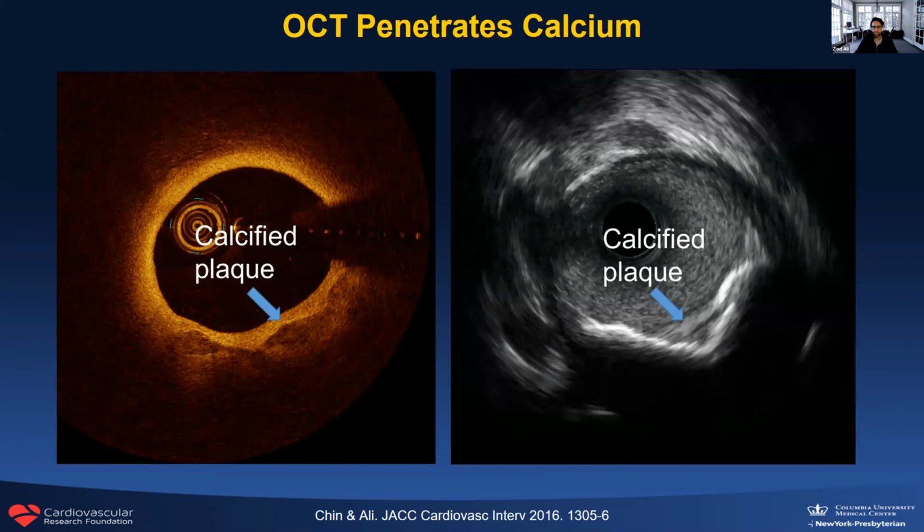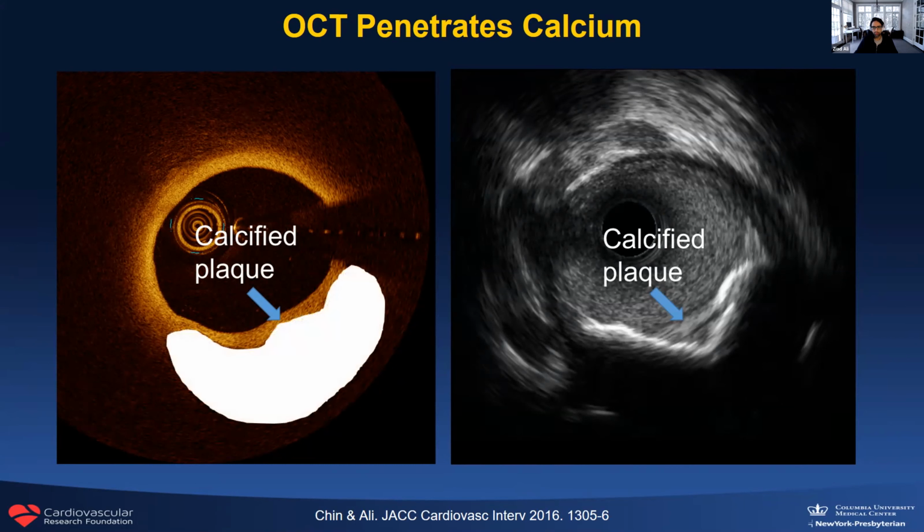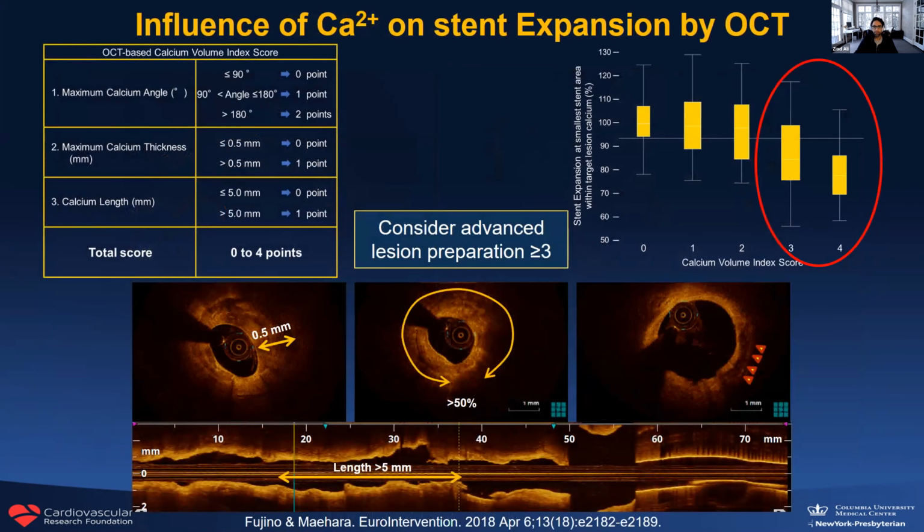This is an important slide because it shows, in the same patient, the appearance of calcification by IVUS and OCT. Clearly, the advantage of OCT is being able to determine the thickness of the calcium, which we recognize is a major predictor of stent expansion. Many of you are familiar with our rule of fives, the influence of calcium on stent expansion.